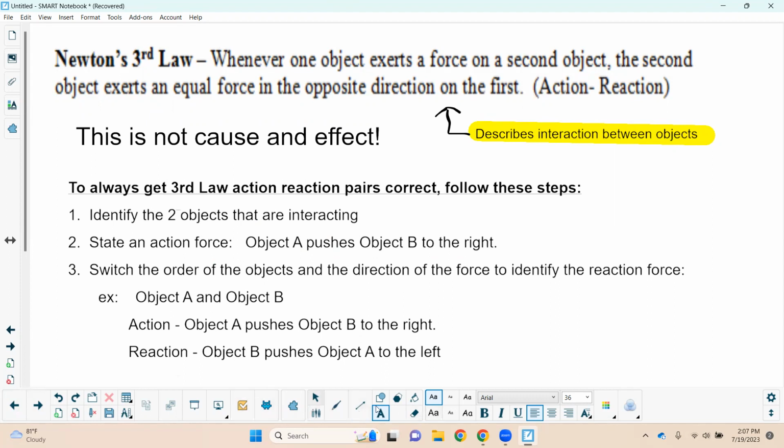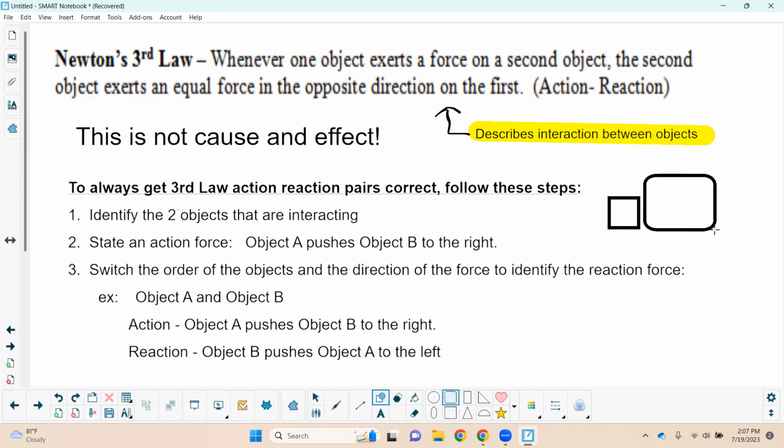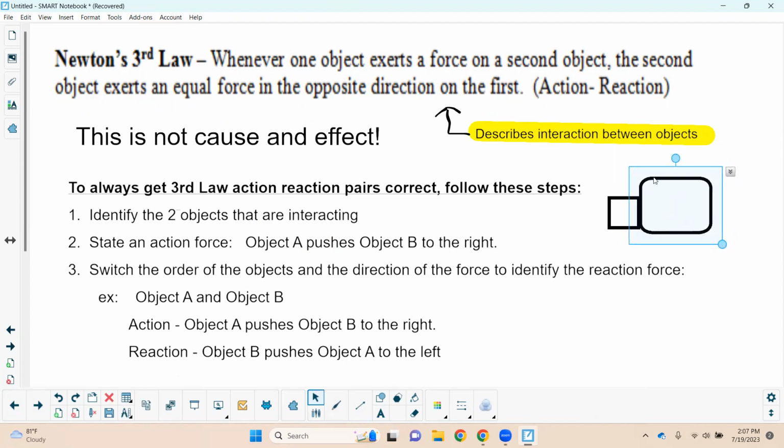So I'm going to use a couple pictures again. If that is our box, and let's say we apply it to a different one, we'll have them touching. I have two boxes. One is maybe bigger than the other, so that you would assume they're maybe different masses. So the bigger box on the right, and the smaller box on the left, they're pushing against each other.